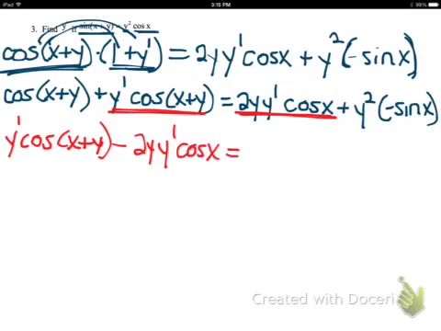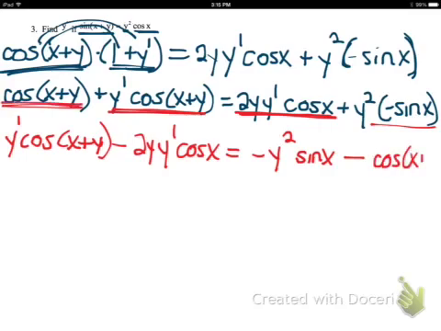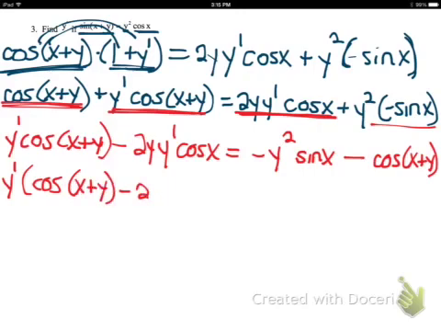And then the right side would be this, which is already here, which is negative y squared sine of x, minus, subtract the cosine of (x plus y). Okay, now I can factor out the y prime on the left side. So I'd have y prime times (cosine of (x plus y) minus 2y cosine of x) equals the whole right side again.